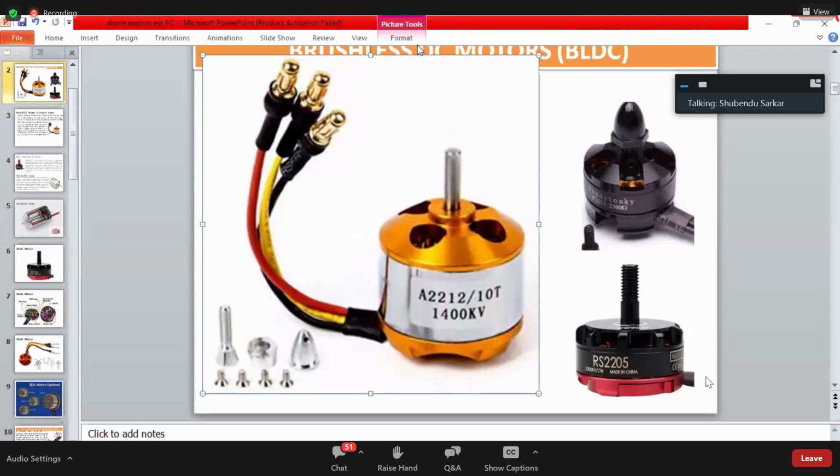All right. So if we are talking about the kV rating, what is a kV rating? Actually, kV rating represents the RPM of the motor. Now someone thought, it means it is going to give me 1400 RPM. No, there is still something remaining. Now listen up. What's happening with the kV rating? K actually represents the round, the RPM.